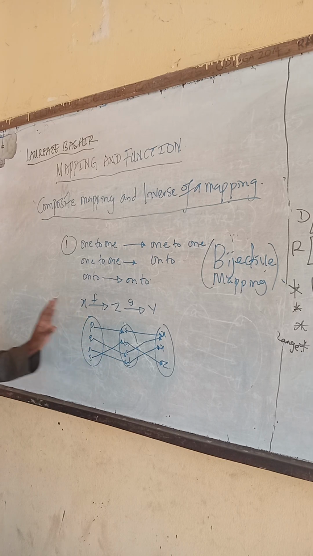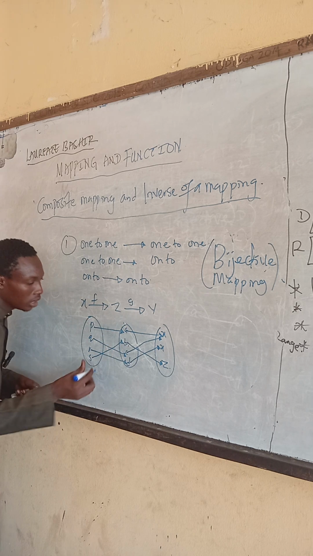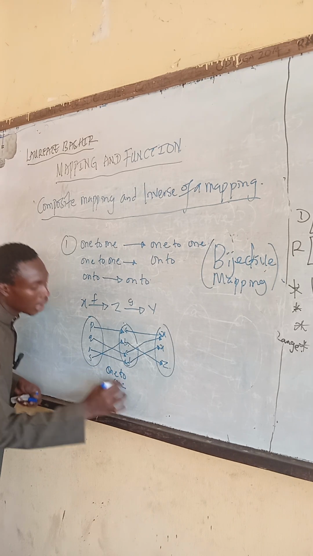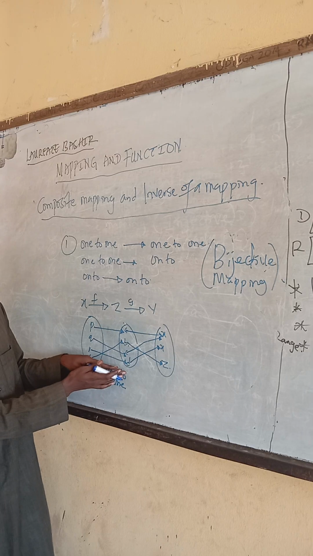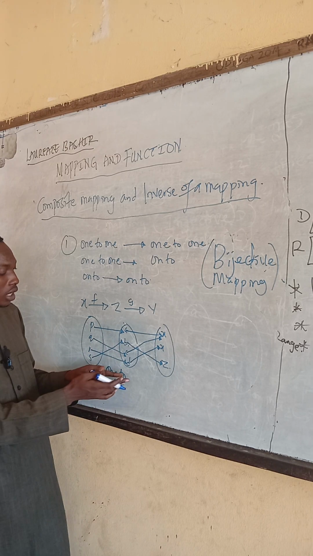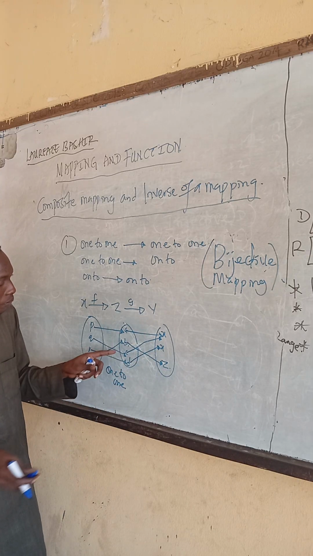You can see that each element in the domain is attached to an element in the codomain. This is one to one. And look at this now. This one is serving as the image of this one. Now this one will be serving as the domain, and this one will be serving as the image. So now look at this.